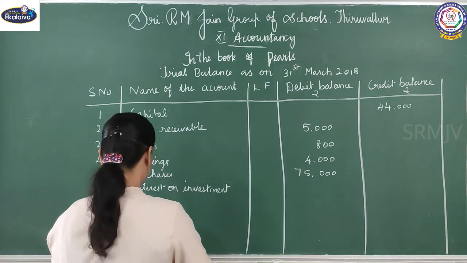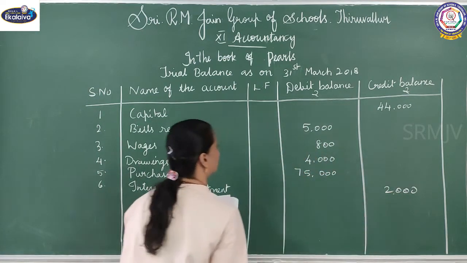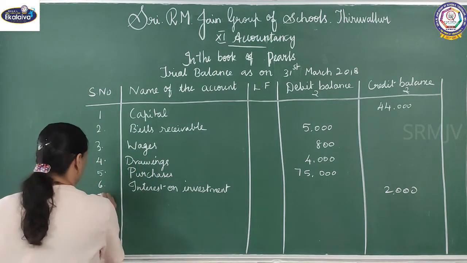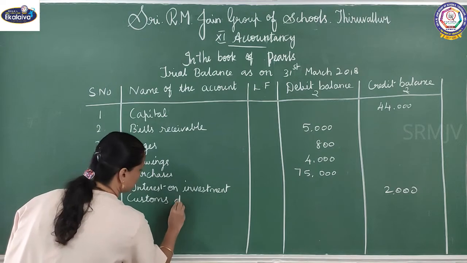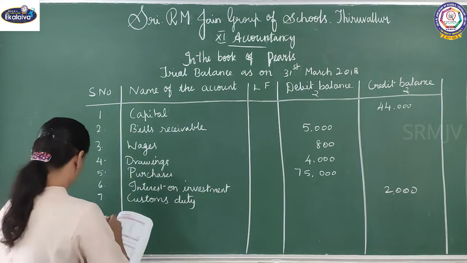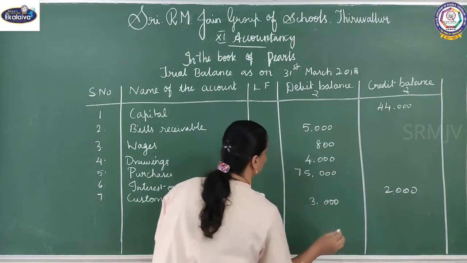Interest on investment, it is an income, so you have to write it in the credit side. And then customs duty, it is also an expense, you have to write here.